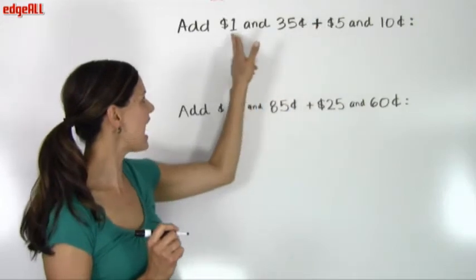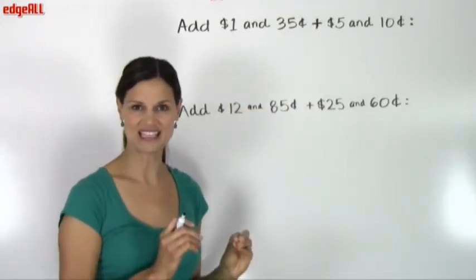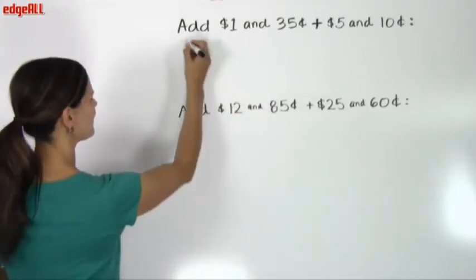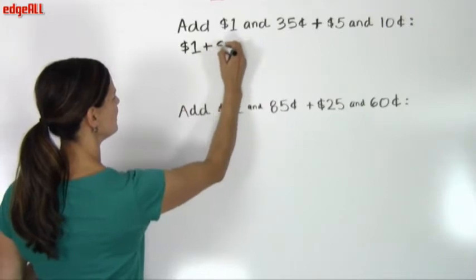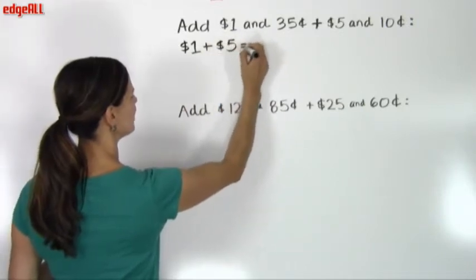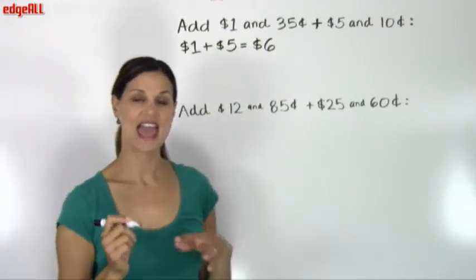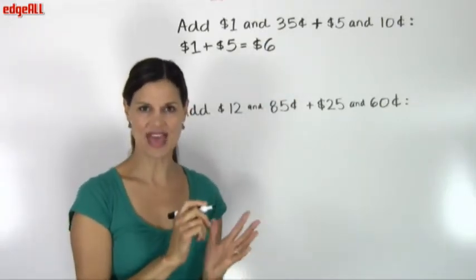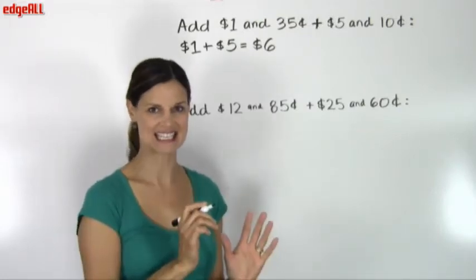So we have to add the two numbers that have similar units of dollars, we'll start with. So we add $1 plus $5 equals $6. And then, separate from that operation, we're now going to look at the cents.